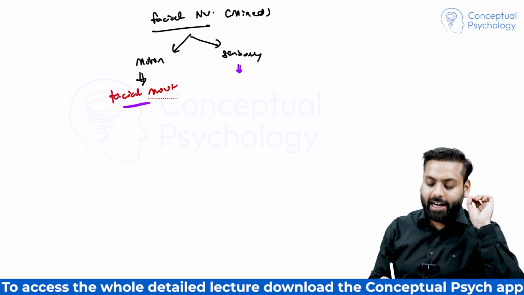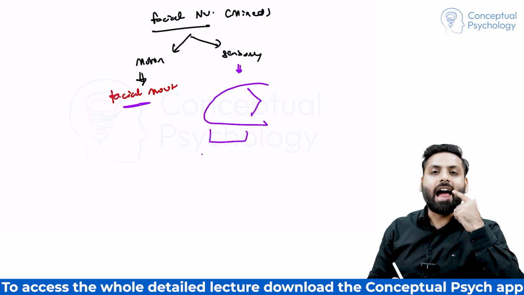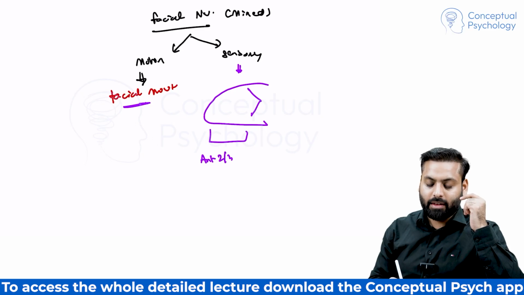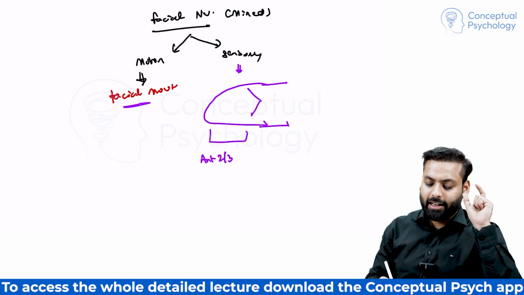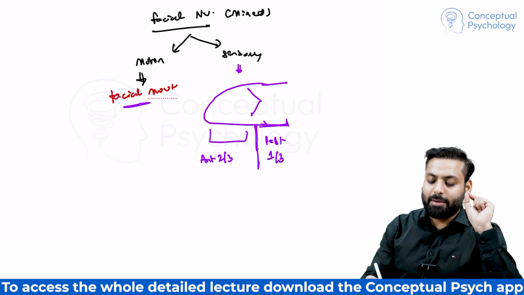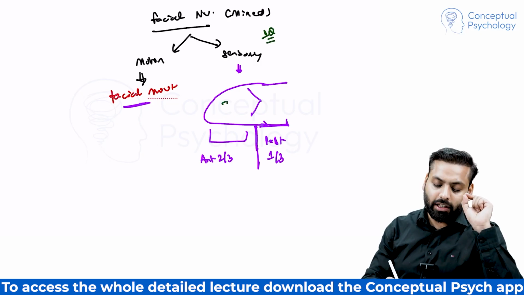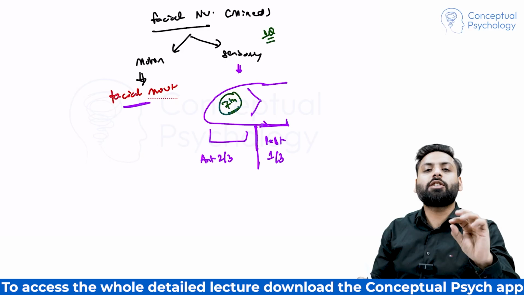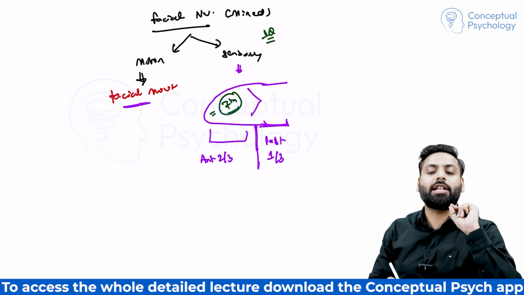Which sensations does it carry? I told you to remember, the tongue is divided into two parts. When we stick out our tongue, we see anterior 2/3, and posterior 1/3. And mind you, it is your question only. The sensations from anterior 2/3 of the tongue are carried by 7th cranial nerve, facial nerve.